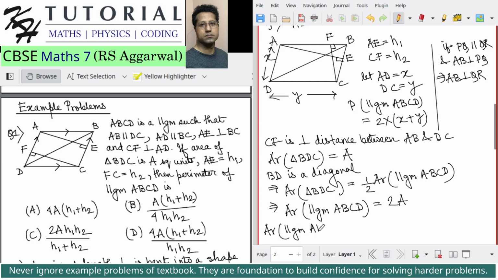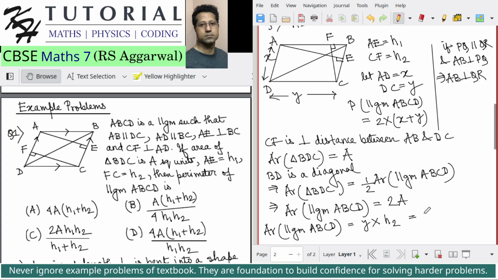Considering AB and DC as the base and FC as the height, the area will be y multiplied by FC, which is H2.